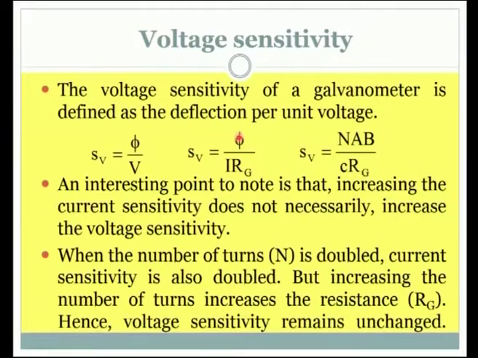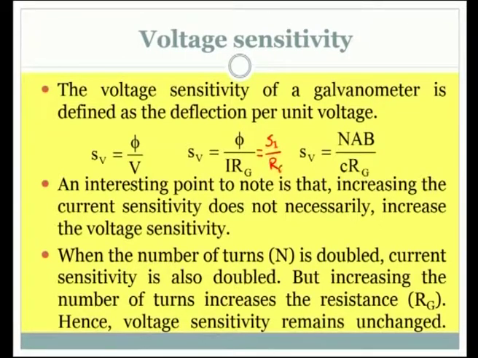We already have the current sensitivity here, right, phi by I. When we write V is equal to IR, that is what is written here, the Ohm's law. What is phi divided by I? This is current sensitivity. So, current sensitivity divided by the RG. RG here is the resistance of the galvanometer, because galvanometer also has resistance.